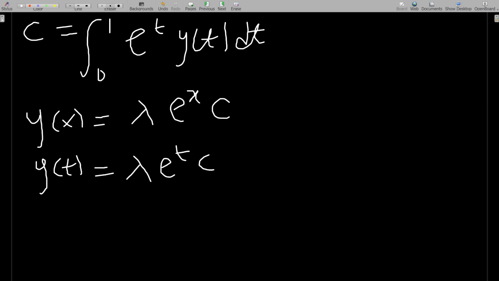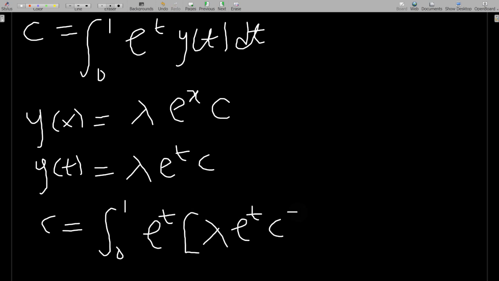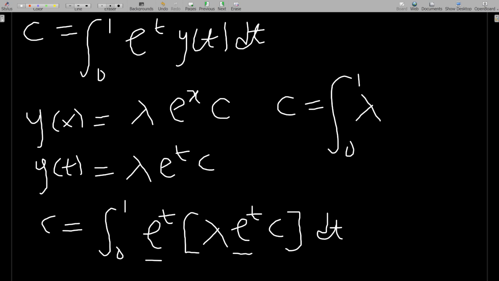This means my c is simply the integral from 0 to 1 of e to the t times y of t, which is lambda e to the t c, dt. So c equals the integral from 0 to 1 of e to the t times e to the t, which gives e to the 2t, times lambda c, dt.